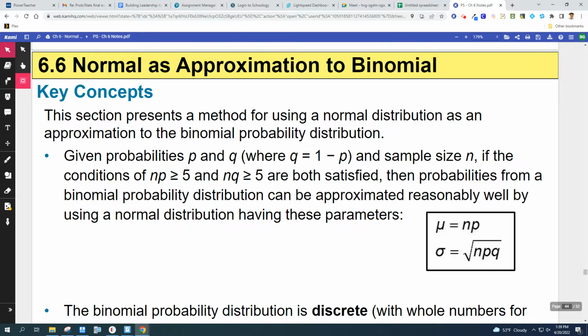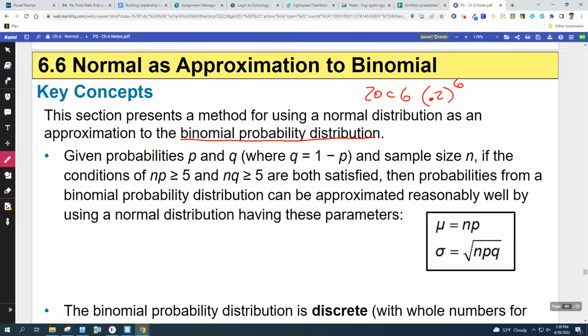Section 6.6, normal as approximation to binomial. We start and we go back and talk about a binomial probability distribution. If you remember doing a binomial probability distribution, that's the one where we had, let's say, 20 choose 6, and then we multiplied by some probability, let's say 0.2, and we're choosing 6 of them.